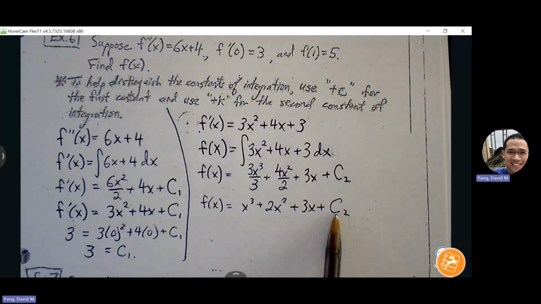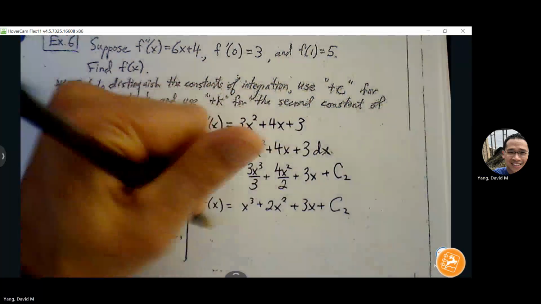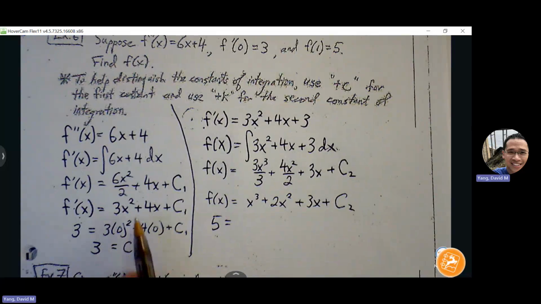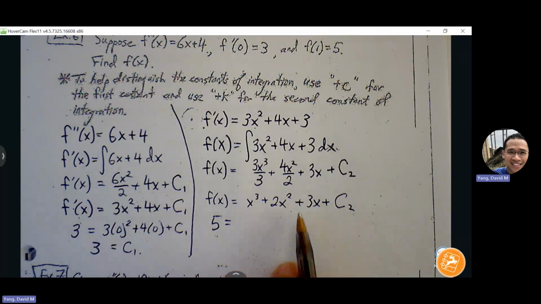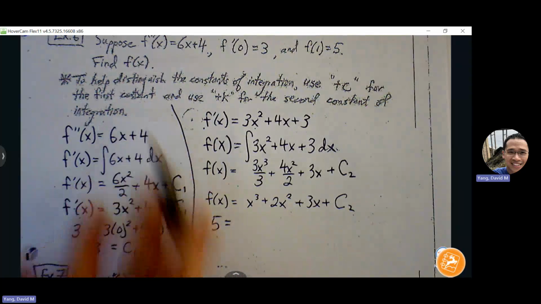Once I solve for c sub 2, then I can update this and convert it from a general to a specific. This specific is only halfway. We need this specific to get to this specific. So really, the answer I'm looking for is the specific of just f of x.